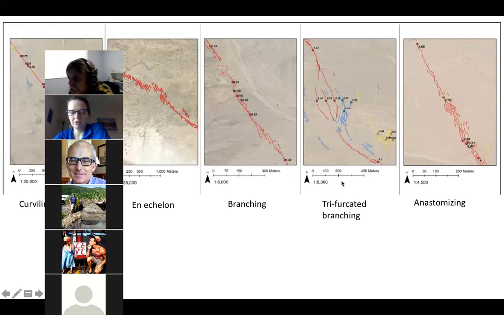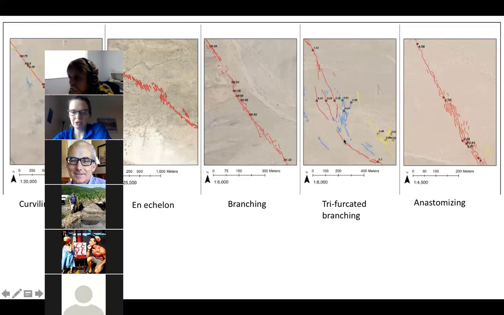And here's an example, essentially what Alex was just talking about. We have this trifurcated branching or flower structure. And my guess here is to call them all the primary fault. They probably all have fairly similar amounts of slip. And again, it's assumed that the faults all connect at depth.